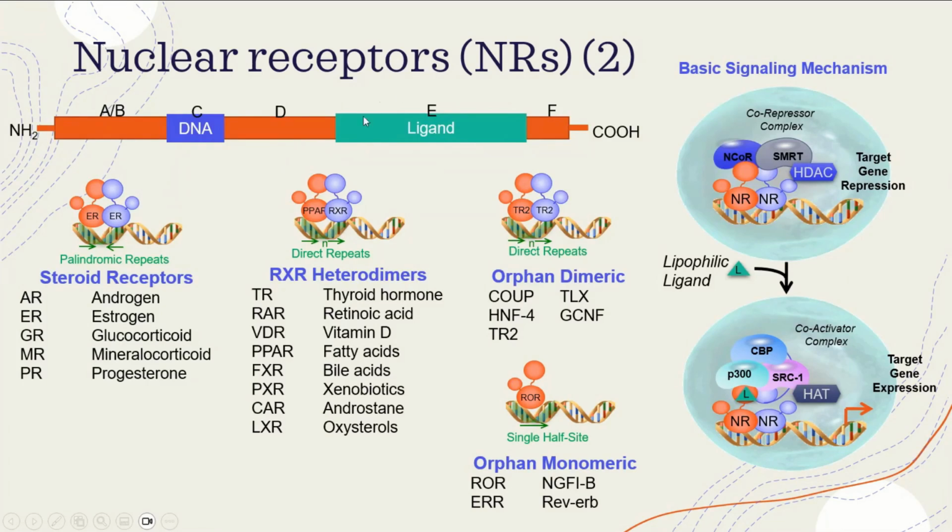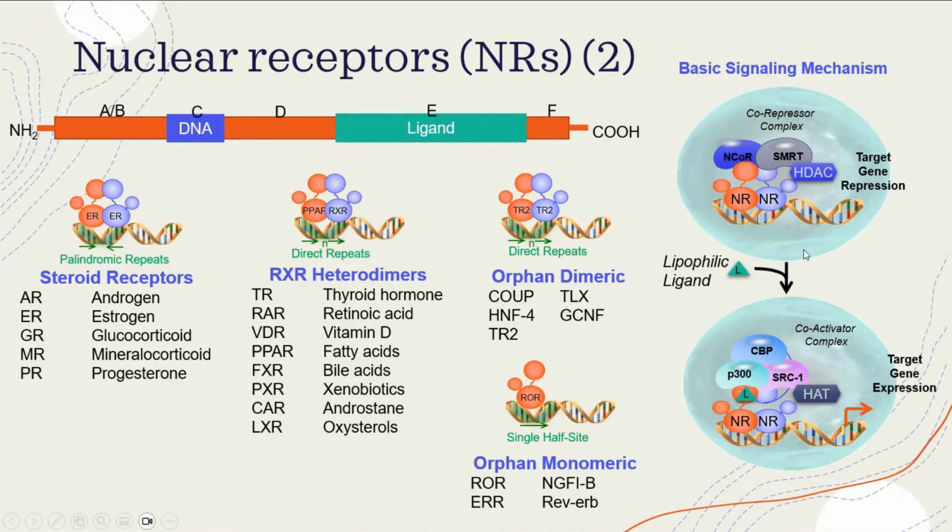So we have specific structures to the ligand binding domain for each particular gene. We also have a similar structure to the DNA binding domain, but they vary in what specific sequence they recognize. So this DNA binding domain is specific for each type of nuclear receptor, and it is looking for a sequence that's found on the genes that it's going to regulate.